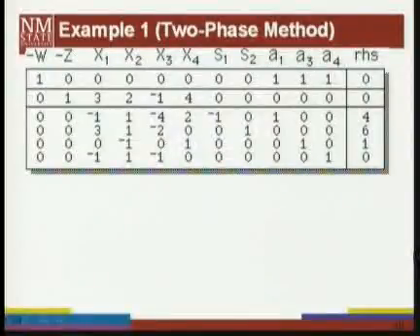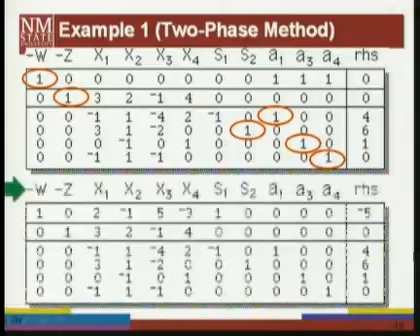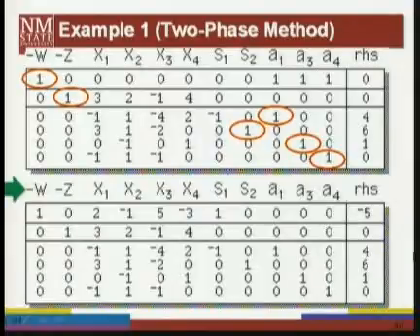And we choose negative W, negative Z, A1, S2, A3, and A4 as the initial basic variables. Okay? And pivoting is required to eliminate the artificial variables from the first row. So how could you do that?